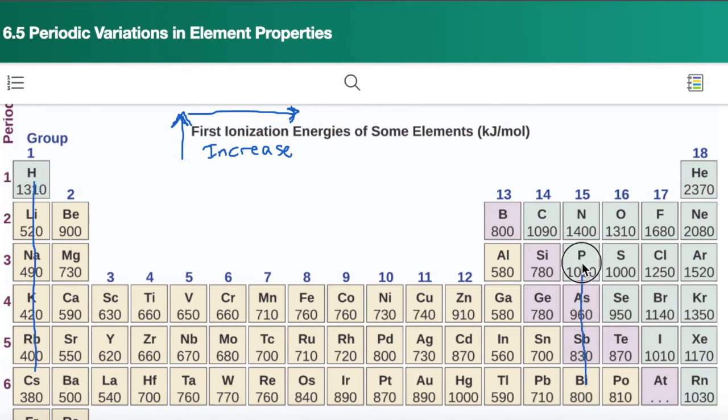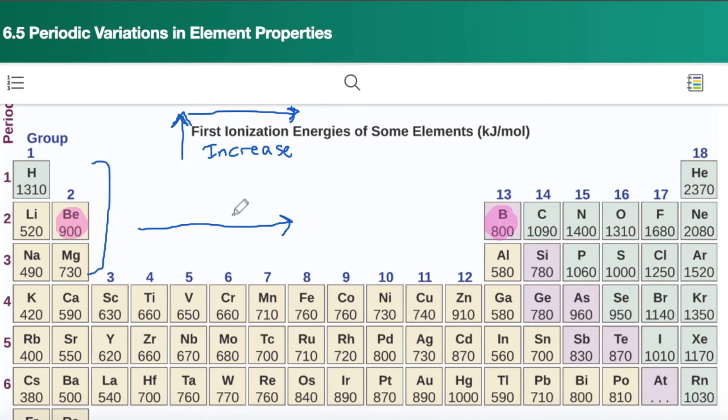Going up this column as well, you pick a column and you go up and you see that the numbers are increasing as you go up that column. Going left to right, in general, you see an increase across the periodic table. That one is not as smooth. There are a few dips, especially in these upper periods of the periodic table. We mentioned this dip going from group 2 to group 13.